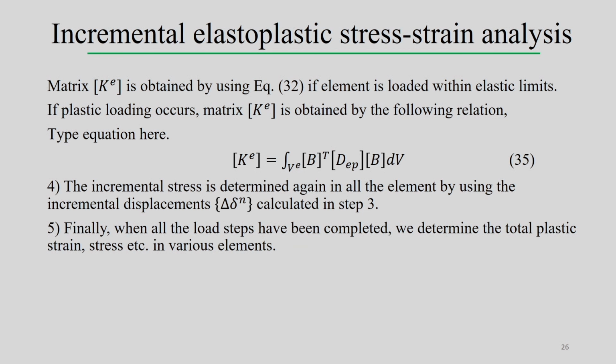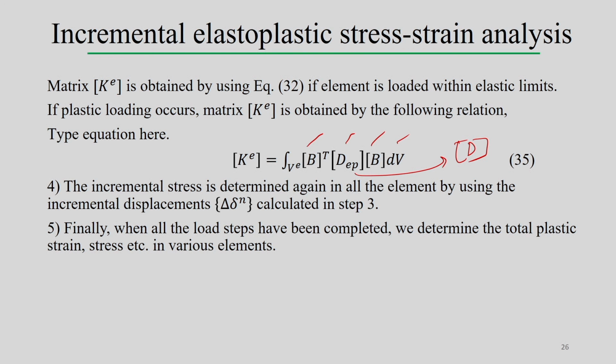Therefore, if the element is loaded within the elastic limit, equation 32 can be used. But if plastic loading occurs, then the stiffness matrix K can be obtained by using the following relation: B transpose DEP B, so the D matrix is replaced by DEP, integrated over the elemental volume. That is the stiffness matrix.